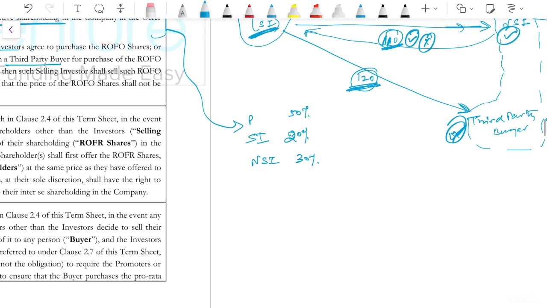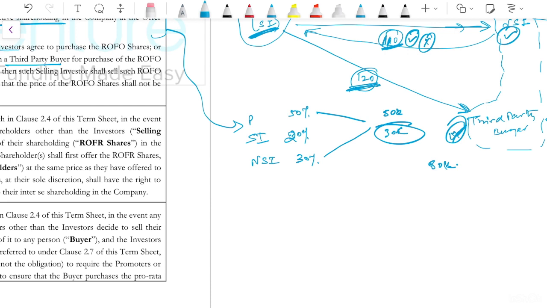Okay. And let's say I am selling 80,000 shares. In that case, the shares can be bought in the ratio of 50 to 30, which means 50k shares can be taken up by the promoter and 30k shares can be taken up by the non-selling investor. For shares over and above 30k, the non-selling investor cannot execute ROFO on those shares.